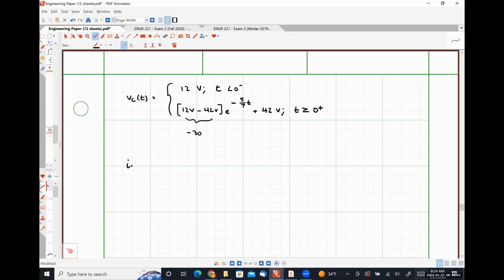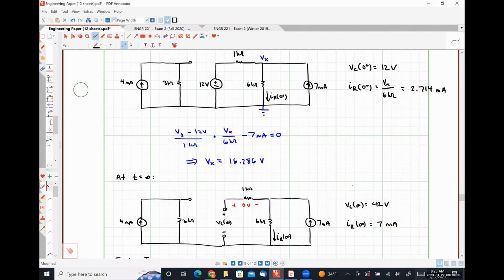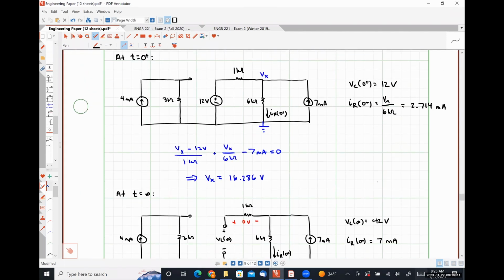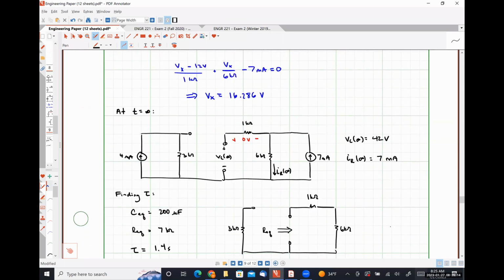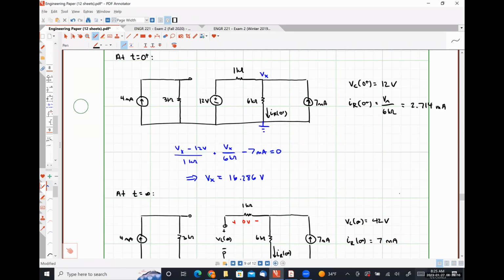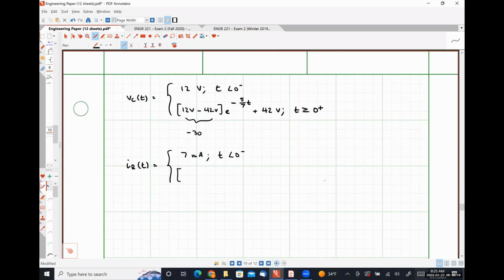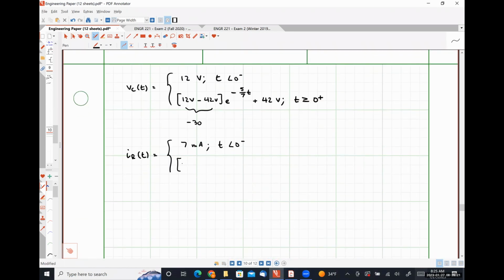For our resistor current, let's see, we had 7 milliamps if I remember correctly. Then we had a number that I can't remember, 2.714 milliamps minus 7 milliamps. Double check that, yeah, 2.714. Thank you.